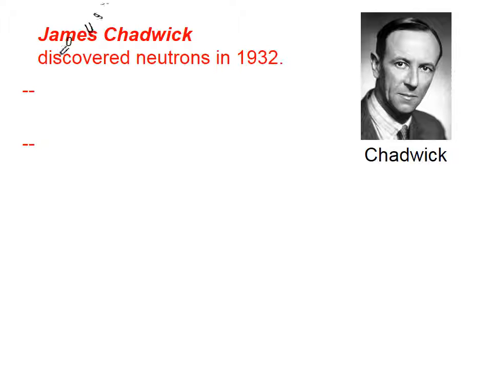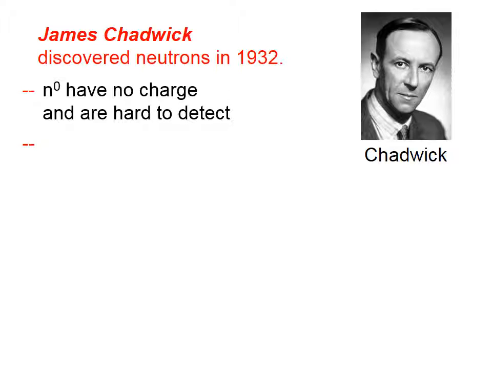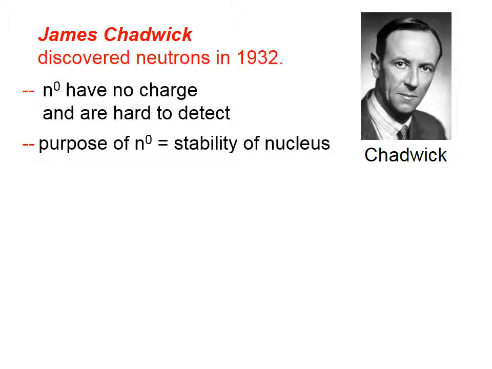Neutrons weren't discovered until 30 years later or so, despite the intense scientific work that was being done on the atom at the time. And that's because neutrons have no charge, and therefore they're difficult to detect. They don't respond to electric fields or magnetic fields. So, despite scientific effort, it took quite a while to figure out that, hey, there were these things called neutrons.